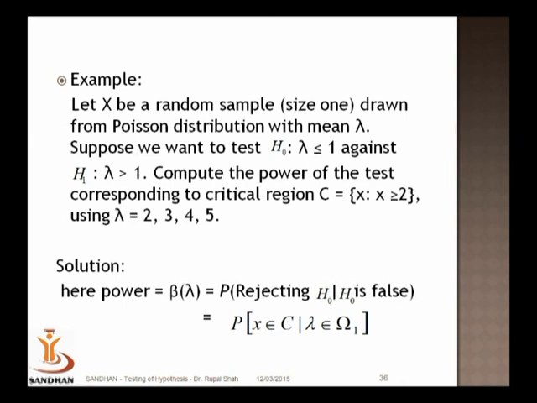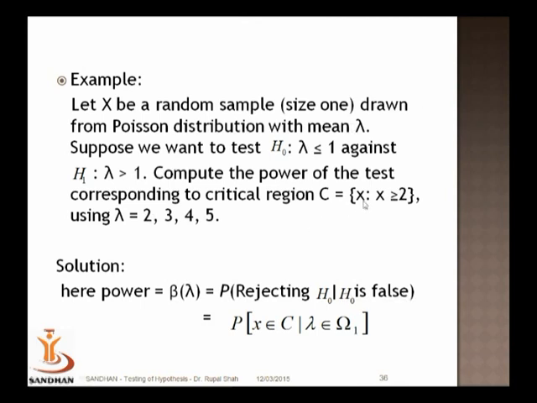That means we say that in a half an hour interval we are going to receive less than or equal to 1 call. The rate at which the calls are coming is lambda, and that being less than or equal to 1 is the null hypothesis, whereas the alternative is lambda greater than 1.